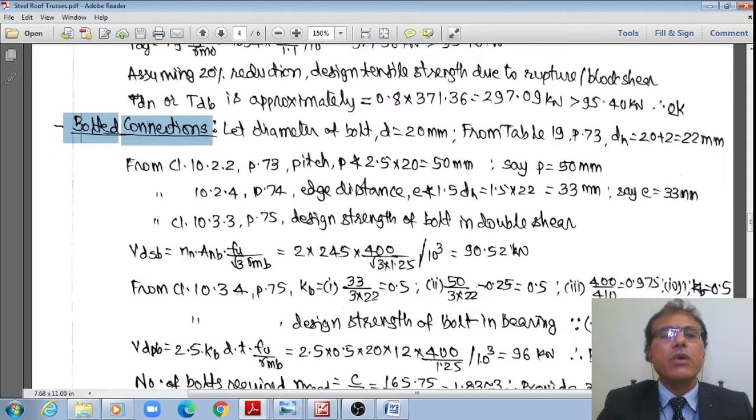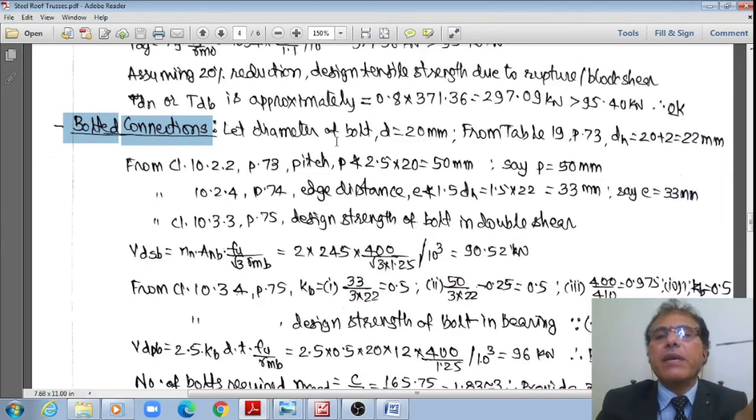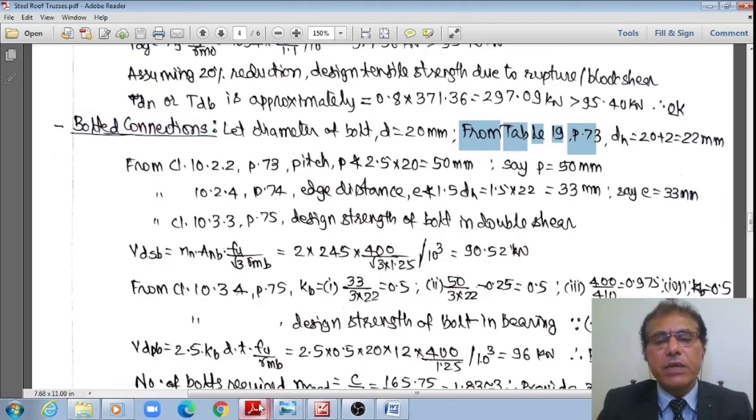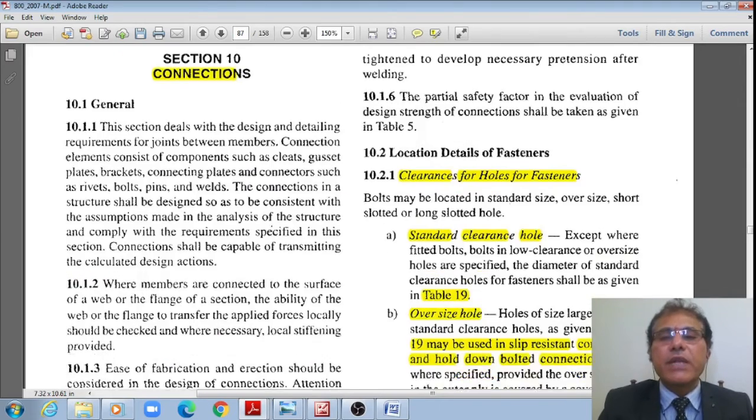Once it is okay, then I'll go with the bolted connections. The diameter of the bolt is now assumed as 20 mm. Therefore, from Table 19 on page number 73, let me go to that page, student.